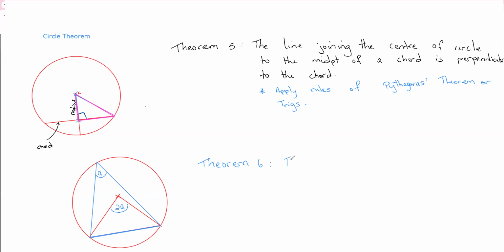The angle at the center is twice the size of the angle which subtends to the circumference.